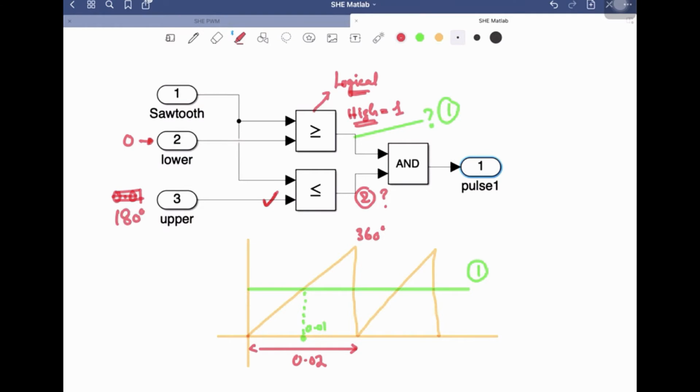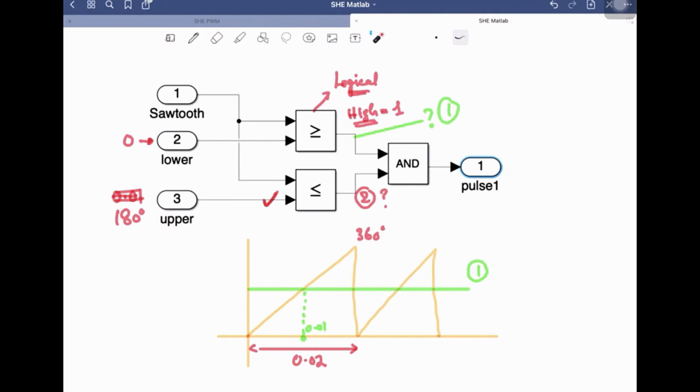So up to 180 degrees, what about this condition? Is it true or false? 180 is being applied over here, and it will give you true if the sawtooth waveform is less than this 180, right?